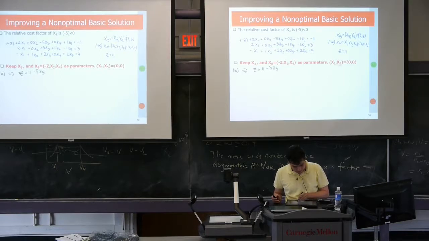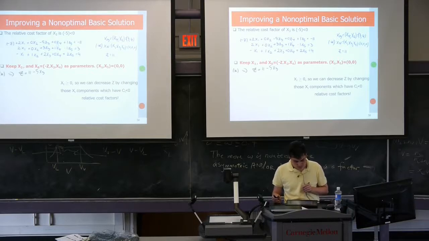Right? Because x1 and x5 are zeros, and the coefficients of x2 and x4 are 0 as well. So its original value was 11.